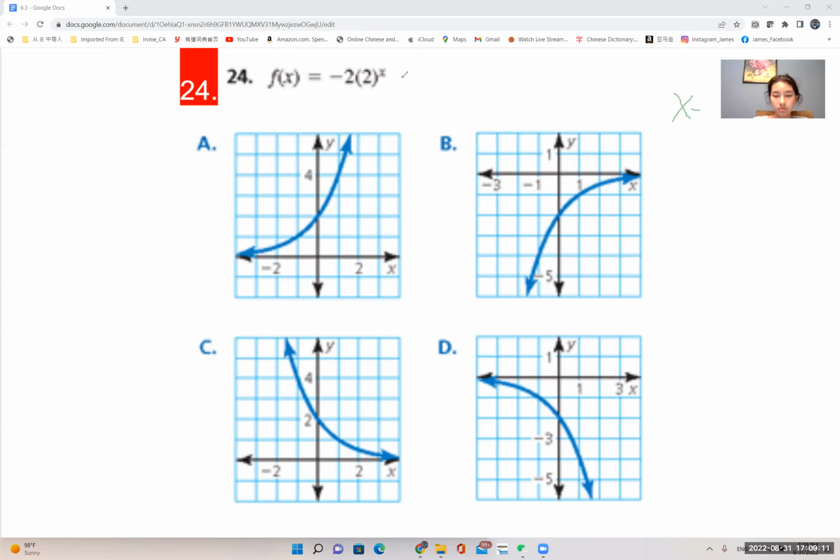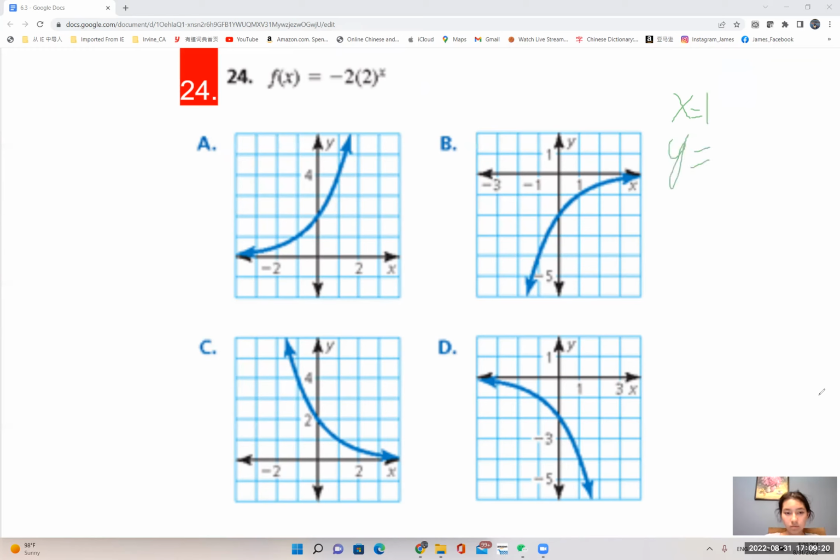When x equals which value, the corresponding y equals what kind of value? Okay, for example, x equals 1, then y equals what? Are you sure x equals 1, y equals 4?